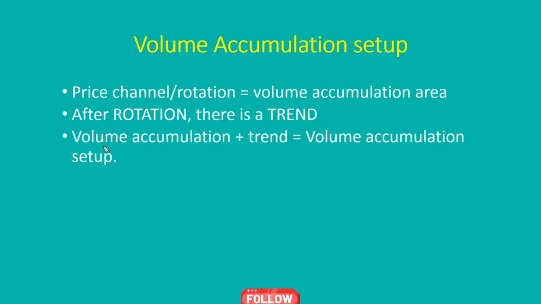And basically the volume accumulation setup consists of volume accumulation area, in other words, the rotation area, followed by a trend. So whenever you see volume accumulation in a rotation, followed by a trend, then you can start looking for the volume accumulation setup.